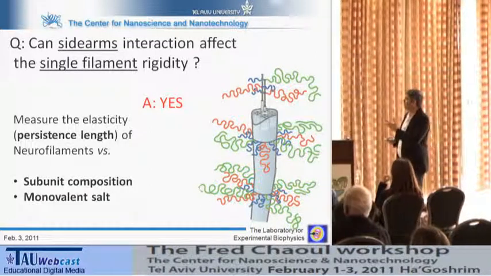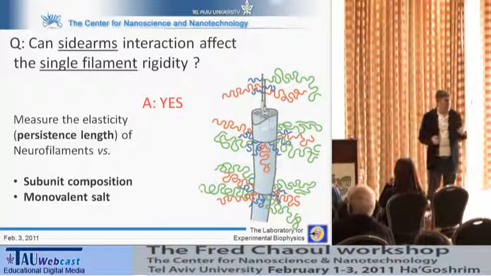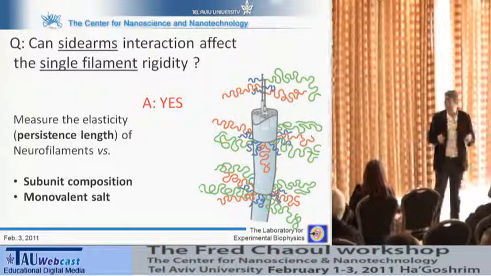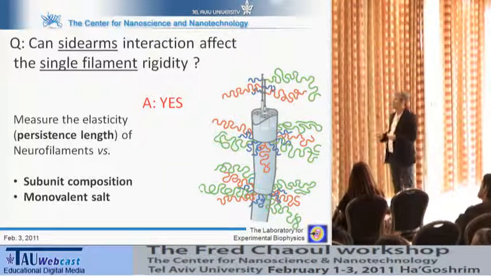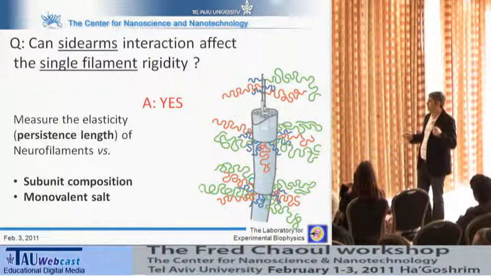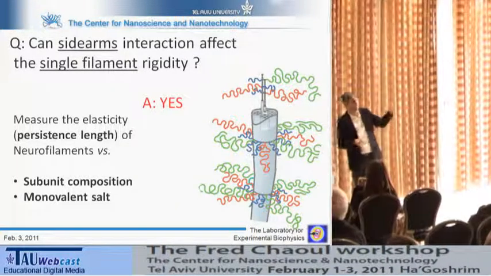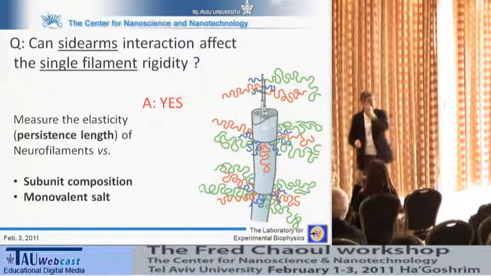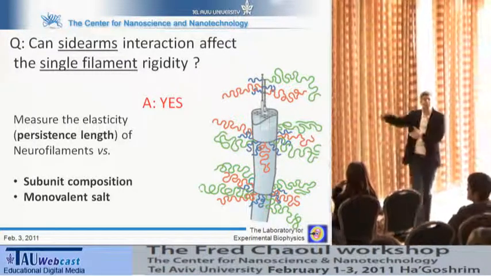And the way that we are going to do that is that we are going to measure the elasticity, how elastic a filament is, or measuring what is called the persistence length of a neurofilament versus two very important parameters. One parameter is the composition. How much do I have from low? How much do I have from medium? How much do I have from high? Okay? Because that changes the interactions.